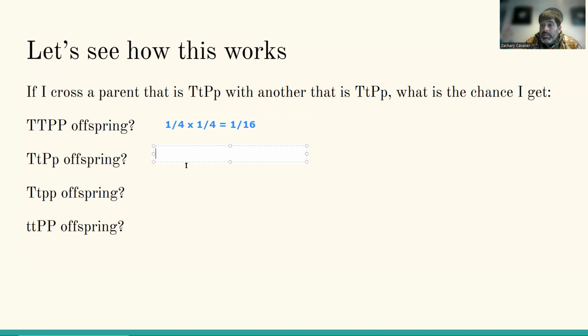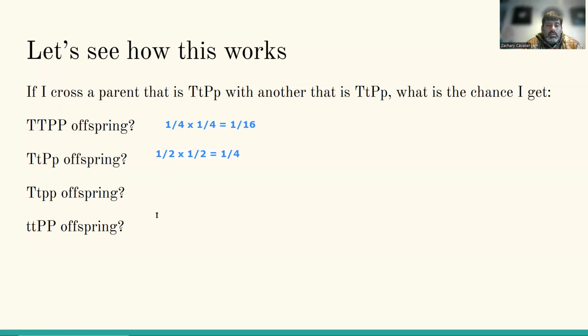Okay, pretty straightforward, right? All right, let's look at the next one. Big T, small t, heterozygous. What were the chances that I had a heterozygous? That was 1/2. So I would take 1/2 times heterozygous again, 1/2. What's 1/2 times 1/2? You can do basic multiplication. You can do this. The chance I get that is 1/4, 1 in 4.